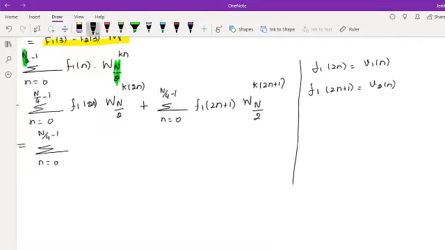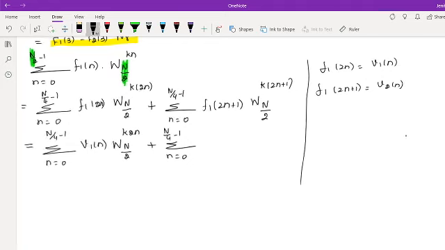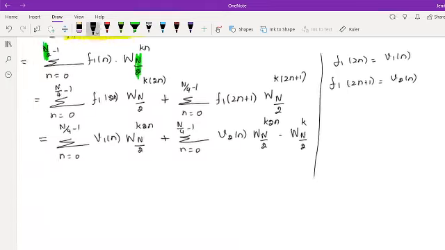So I am going to include the names here: f1 of 2n is v1 of n into W_{N/2} power k2n, plus summation n equals 0 to N by 4 minus 1 of f1 of 2n plus 1, represented as v2 of n, into W_{N/2} power k2n into W_{N/2} power k.